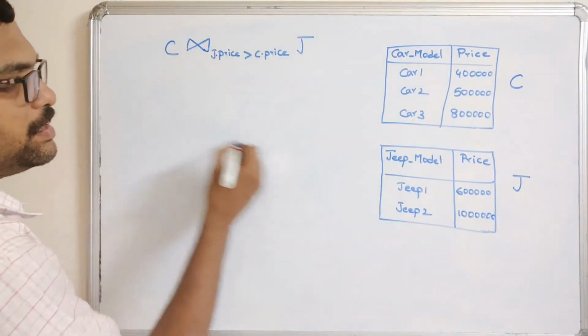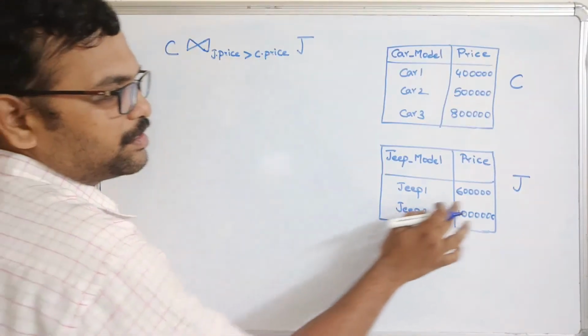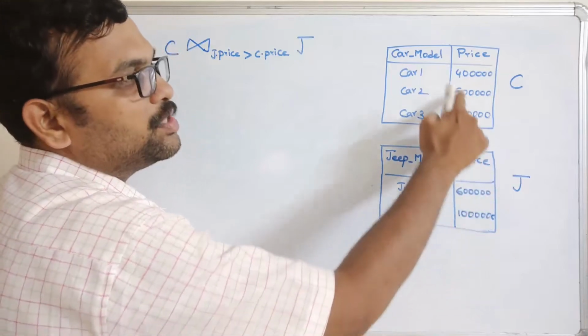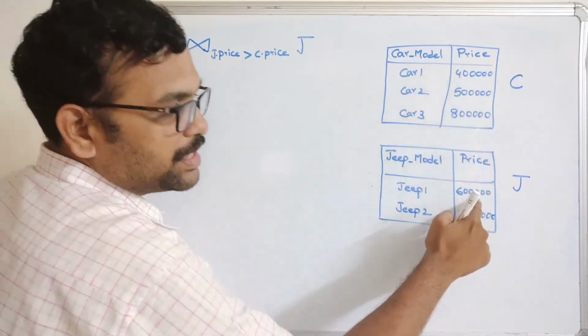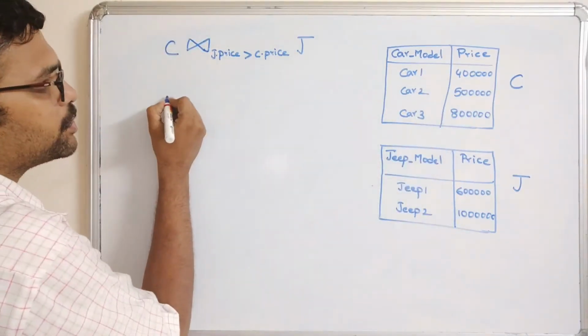We apply the theta join with this condition. Consider the first one: 6 lakhs, which is greater than 4 lakhs. So there will be a join with these tuples.